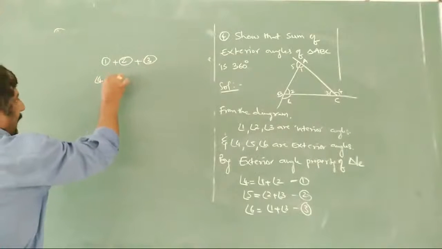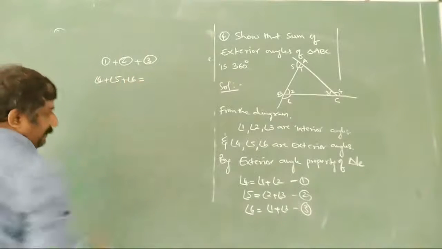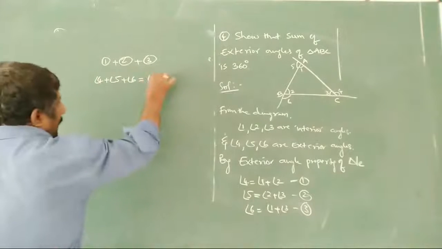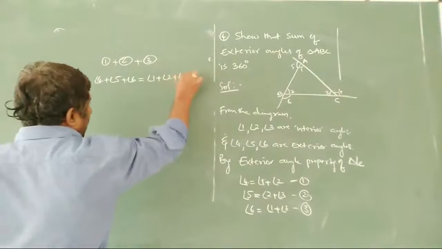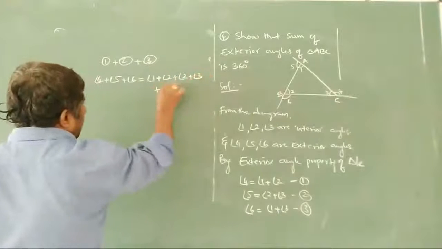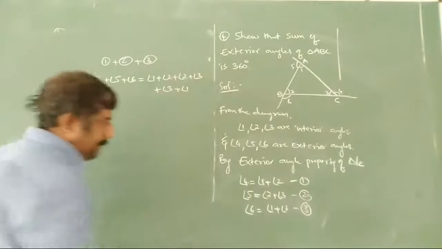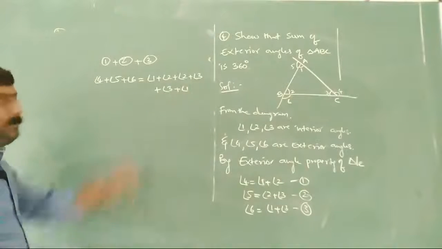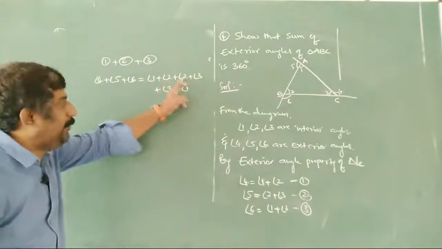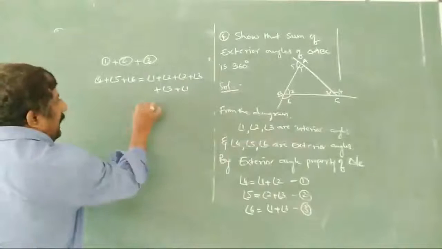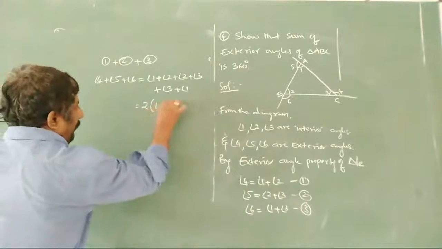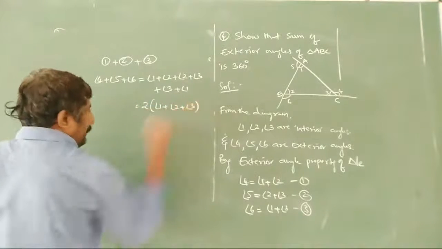Angle 4 plus angle 5 plus angle 6 equals angle 1 plus angle 2, angle 2 plus angle 3, angle 3 plus angle 1. How many such angles are you finding here? 1 is found 2 times, 2 is found 2 times, 3 is found 2 times. I am writing it as 2 of angle 1 plus angle 2 plus angle 3.